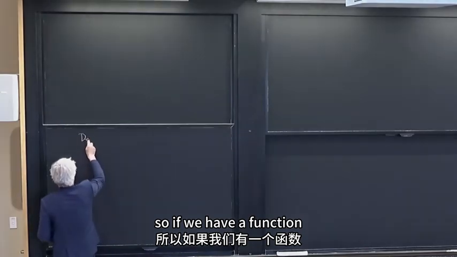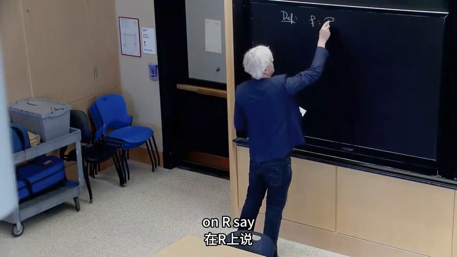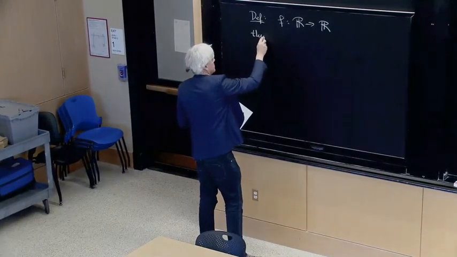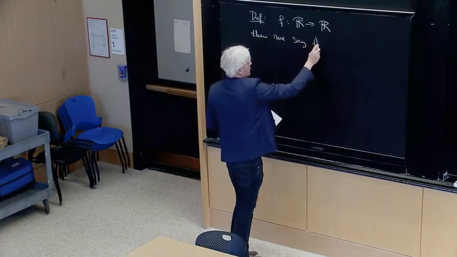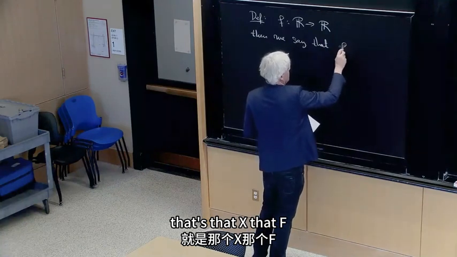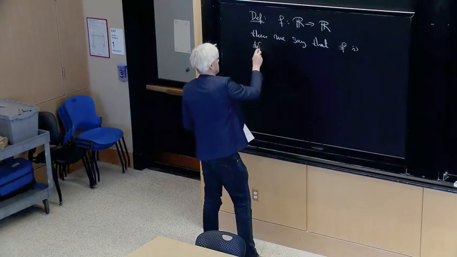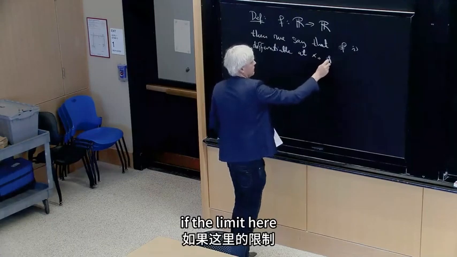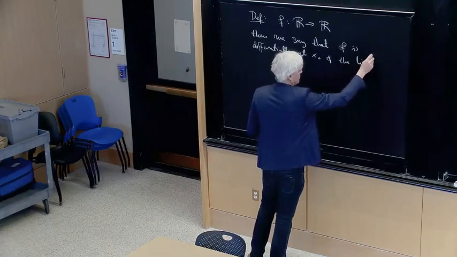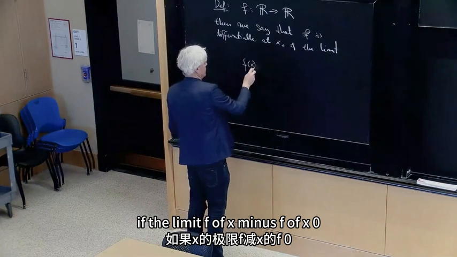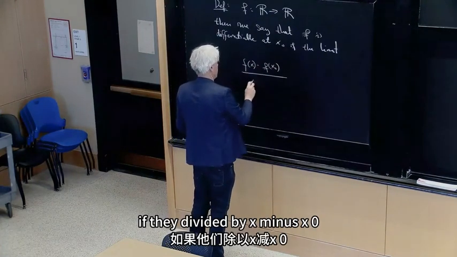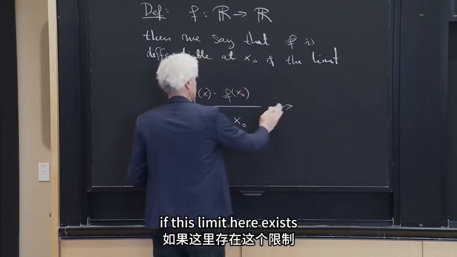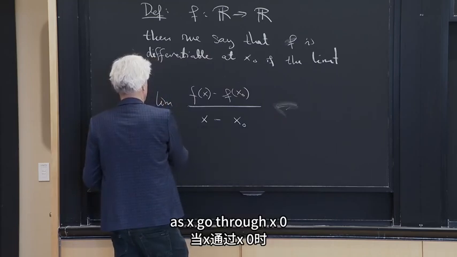If we have a function on R, say, and then we say that f is differentiable at x0 if the limit of f of x minus f of x0, divided by x minus x0, exists as x goes to x0.